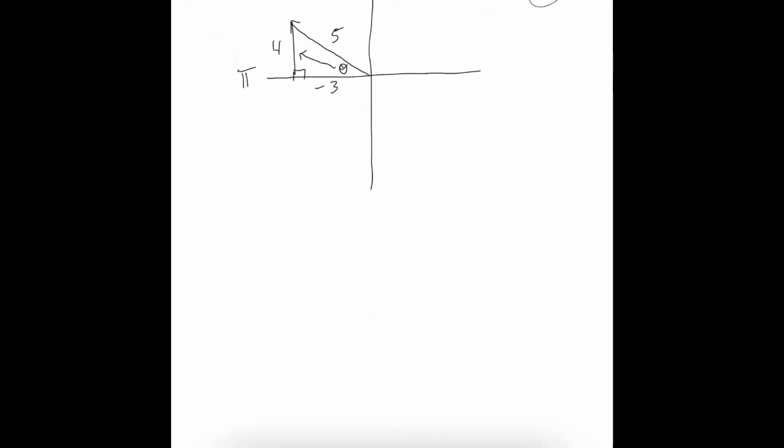All right, number 12 tells us that theta is between 270 and 360. So 270, 360, so somewhere here. And it tells me cosine is 5/13.